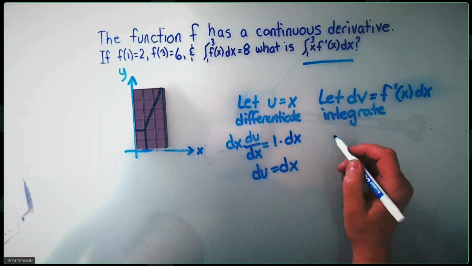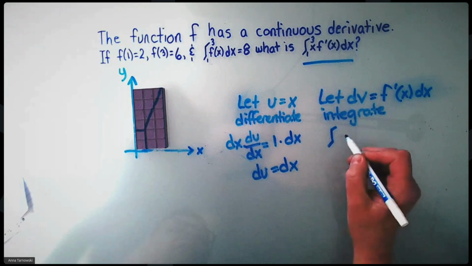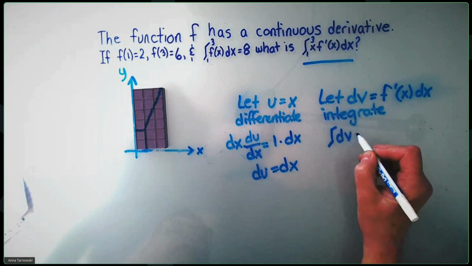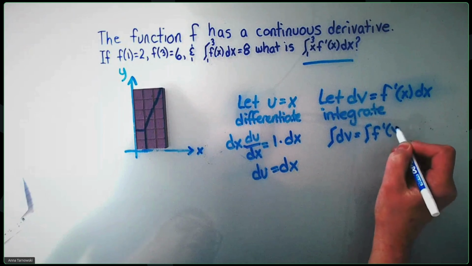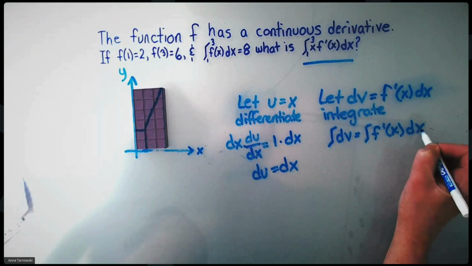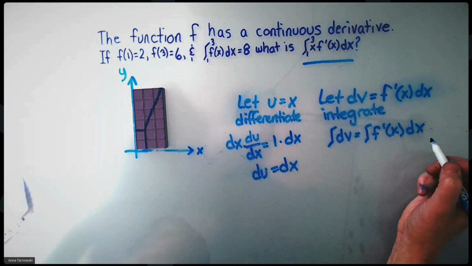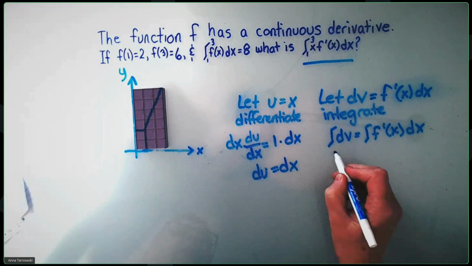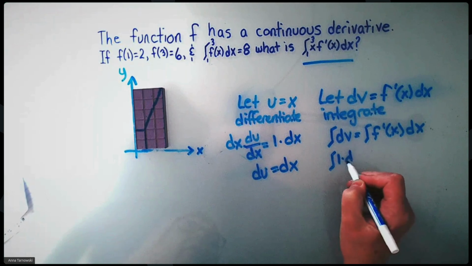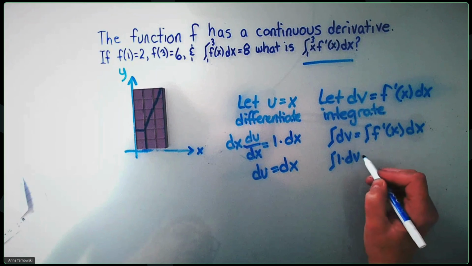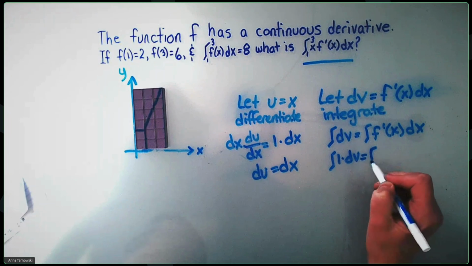Over here, we're going to integrate dv. And so that equals the integral of f prime of x dx. Okay. This really, again, has a hidden 1 in here. We'll just do this.